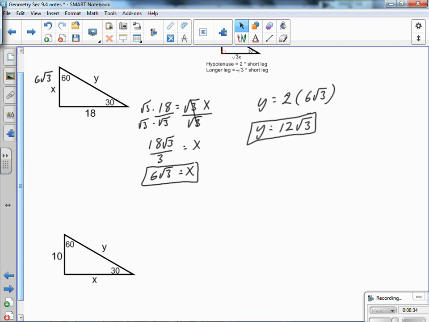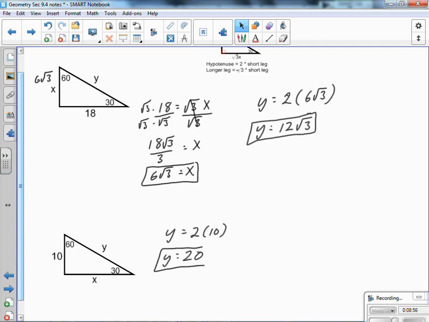And the next one is an easier version, because they gave us the short leg and we're using it to find everything else. So our y value, or our hypotenuse, is just 2 times the short leg, 2 times 10.